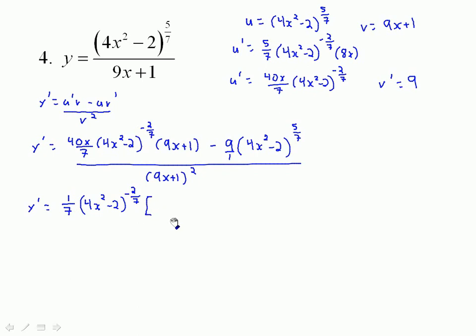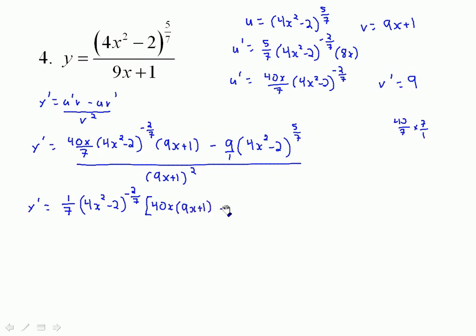So I divide 40 over 7, and I'll do it off to the side in case there's any doubt, divided by 1/7 is times 7 over 1. And it worked, right, because it did cancel out that fraction, leaving us with 40x. And then the 4x squared minus 2 is gone, and then we just have 9x plus 1.